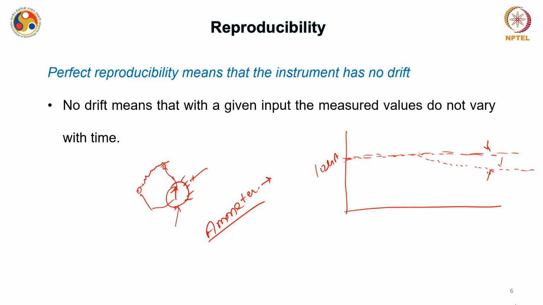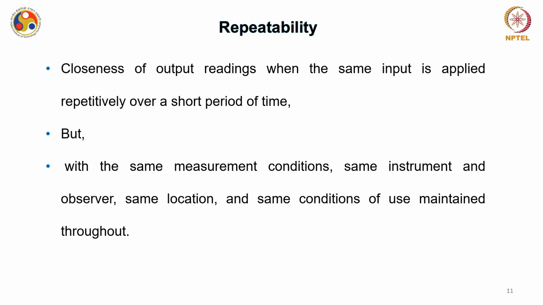All right. So, now, once the concept of reproducibility is clear to us, let us move to another static characteristic, which is the repeatability. So, the closeness of output reading when the same input is applied repetitively over a short period of time or a small range of time, but there are certain conditions like the same measurement condition, same instrument and the same observer.